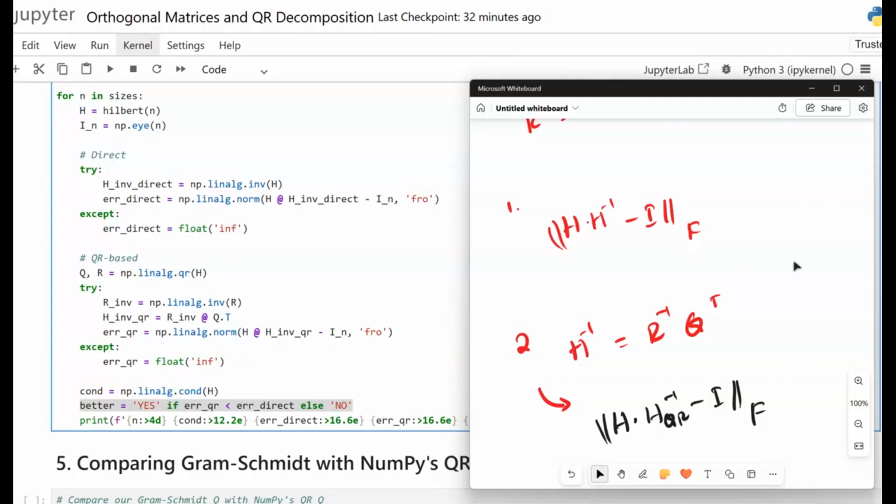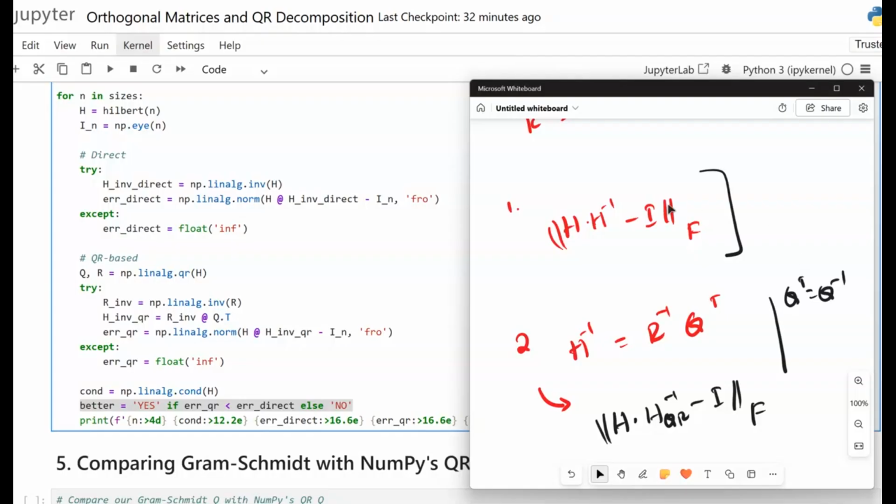And dear friends, kindly just observe, even though both compute H inverse, the numerical pathway differs. Here the direct inversion implicitly relies on LU factorization. Error propagation can be severe. And when coming towards the QR based method, it uses orthogonal transformation. Q transpose, which is equal to Q inverse, is numerically stable, and here reduces error amplification.